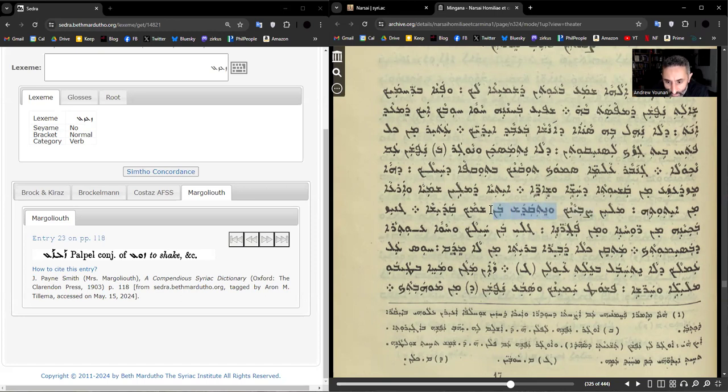Unith qaddashban, this is interesting. What's the root here? Qaddish is to hallow or sanctify. So fill us with your will, and nithqaddash ban, and it will be sanctified, right? This is the passive imperfect. Nithqaddash. And may it be hallowed, may it be sanctified in us.